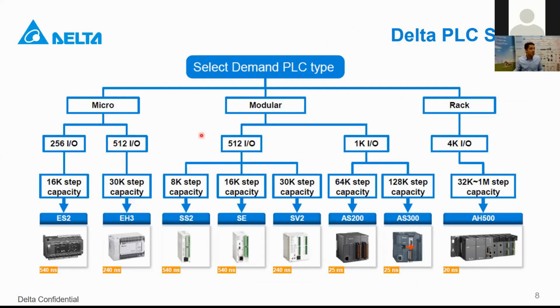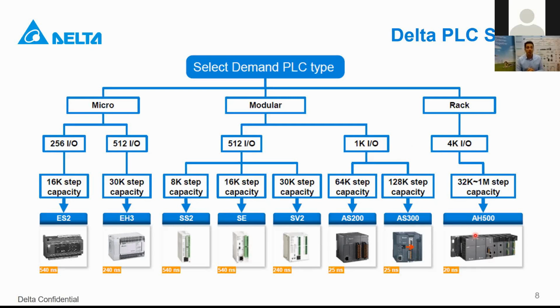The main important thing is the I/O points. For instance, if you need less than 500 I/O, then you can go with the DVP basic series. Or if you need more than 1000 I/O points, then we should go with the AH series. This is the first separation.